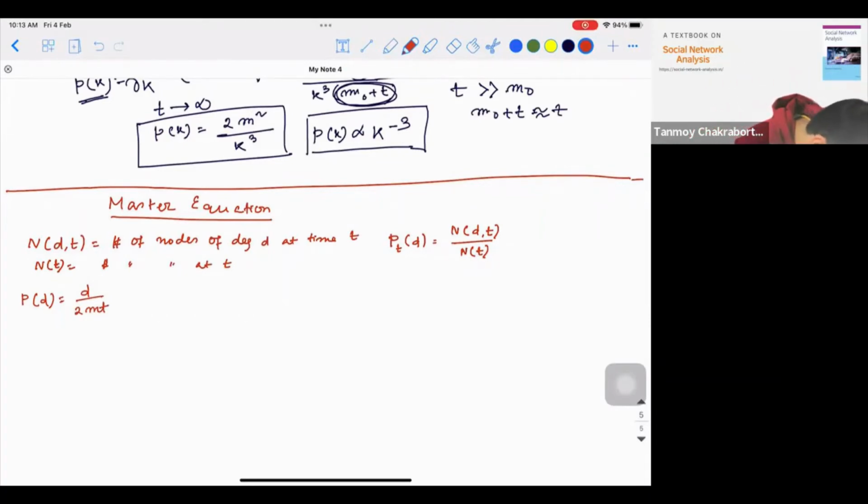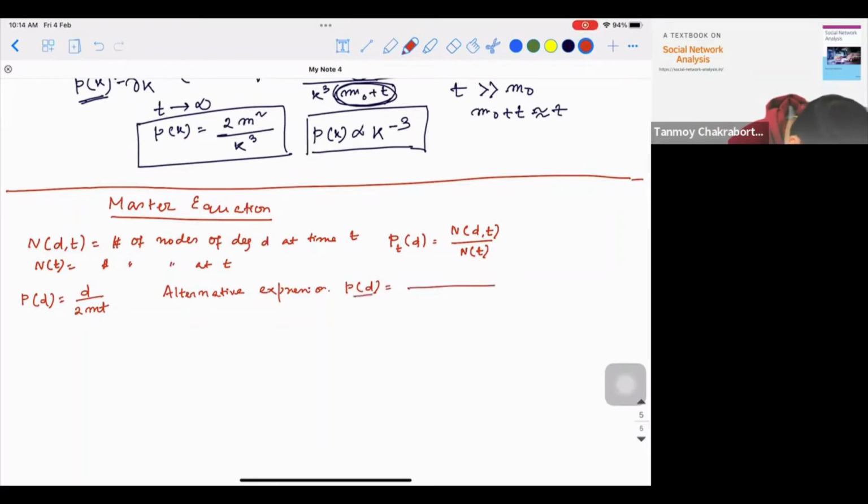So an alternative expression of P of d equals, now let's look at it, whether you agree with this or not, tell me.